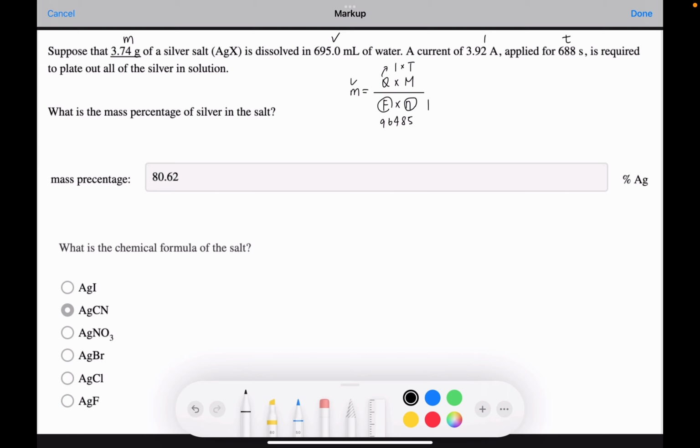So right now we wanted to solve for the molar mass first. So after switching the order, the molar mass will be equal to n times m times F divided by I times t.